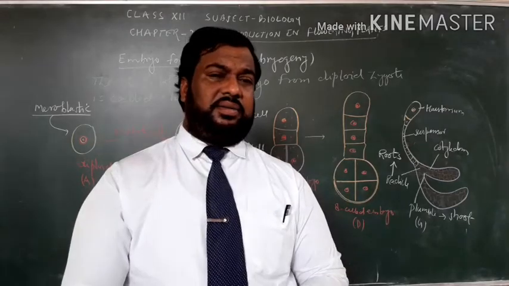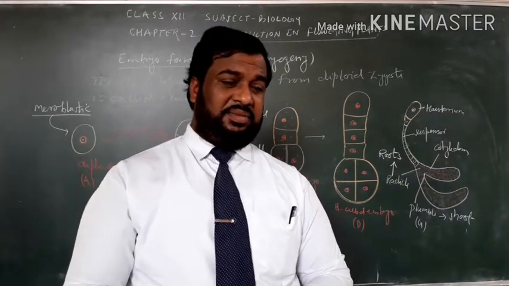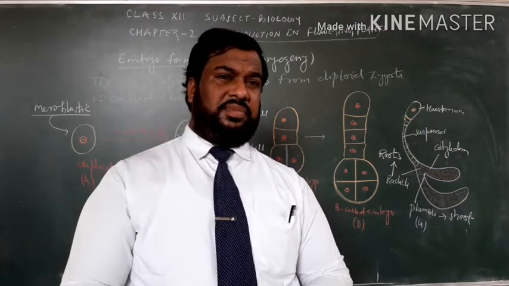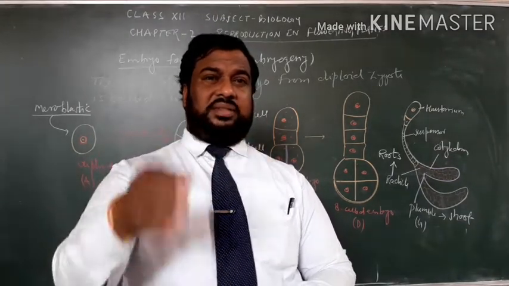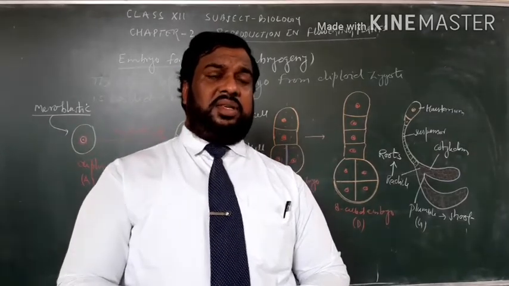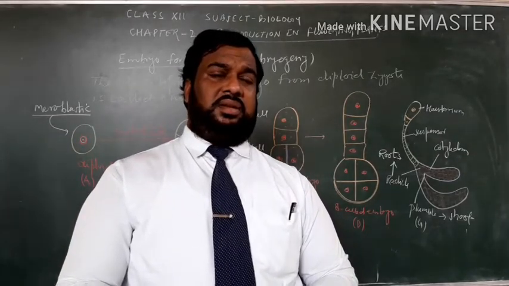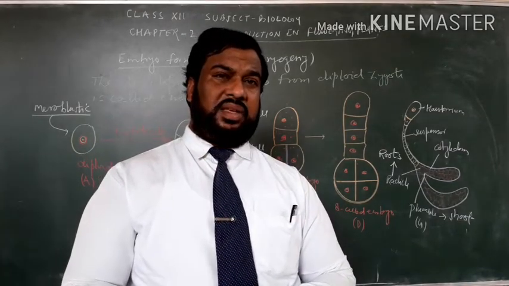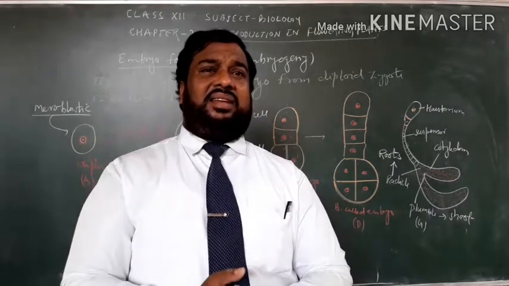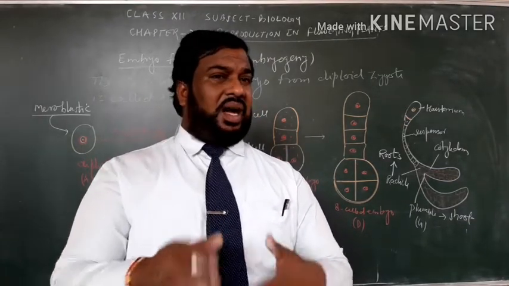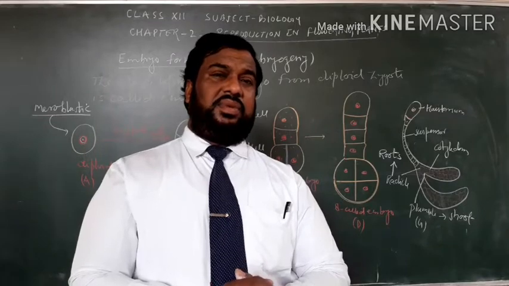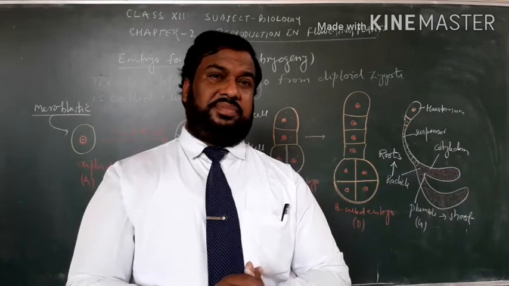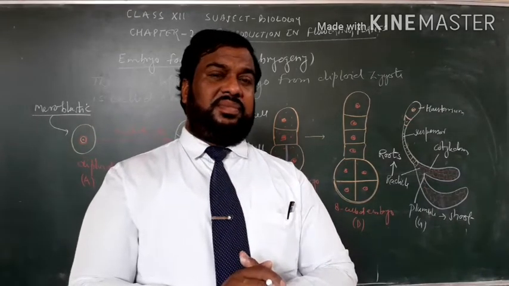Again it divides periclinally to form outer dermatogen, also known as protoderm, and inner cells again divide to form plerome, procambium.